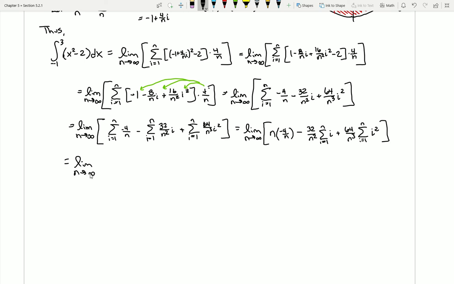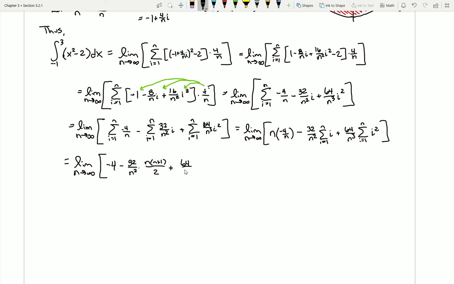This is a lot of simplifying. Let's see here, I'm going to have negative 4. Here my n's are going to cancel. Here I'm going to have a 32 over n squared, and all of this summation of i can be replaced with n times n plus 1 over 2.